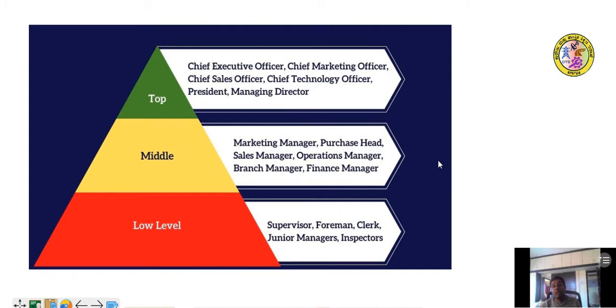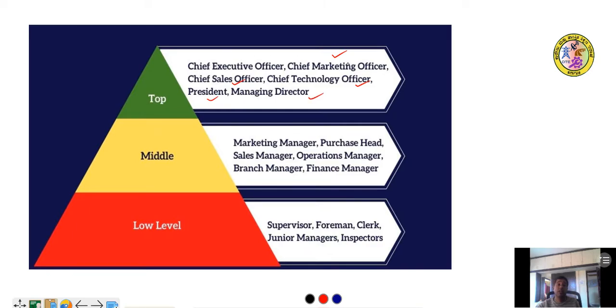So who are called the top level management? The chief executive officer, CEO, chief marketing officer, chief sales officer, chief technology officer, president, managing director.